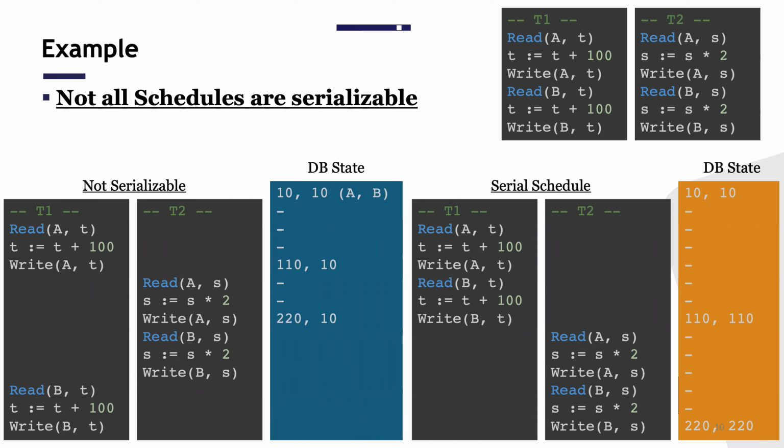After you run T2, both of these will double. And then you increase B by 100, and you end up with a state where A equals 220 and B equals 120. That's going to be different from both of the 2 serial schedules. It doesn't matter whether a serial schedule runs T1 first or T2 first. It's going to be different. So this is another example of a schedule that's not serializable.